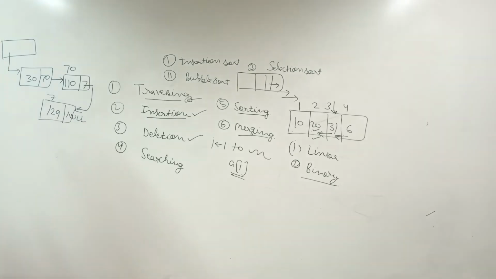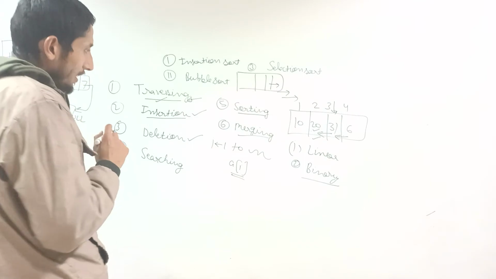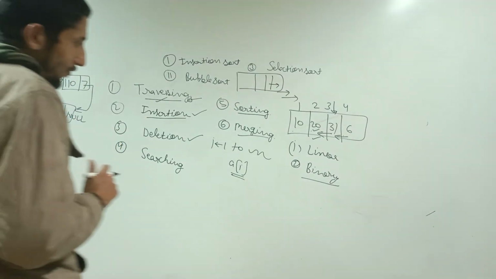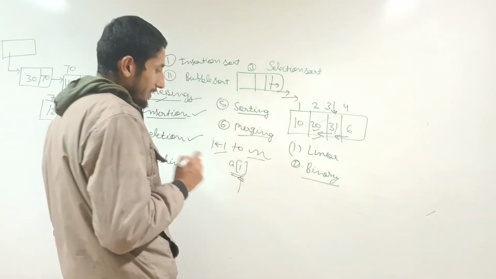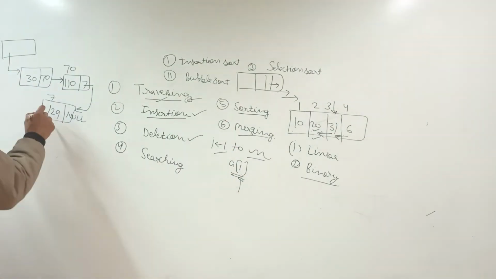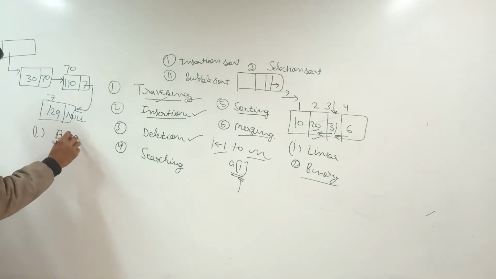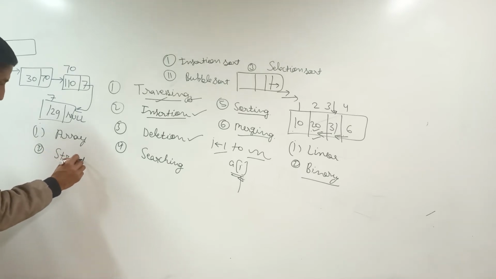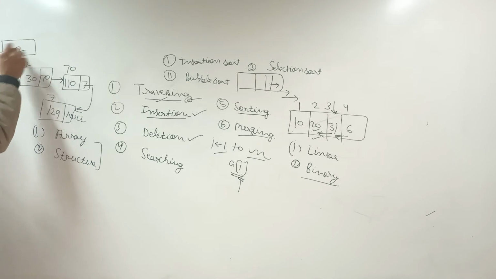So in the case of array, what was the advantage? In the case of array, to traverse the data, I can apply a loop from 1 to n, because elements can be accessed with the help of indexing. But in the case of linked list, whether I implement the linked list with the help of an array or with the help of a structure, so I have two ways to implement a linked list, but in both ways there is a problem: how can we start?